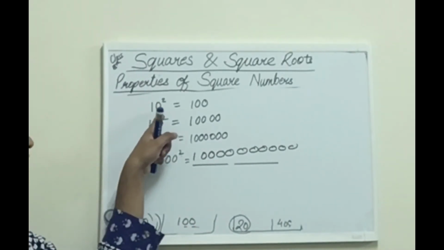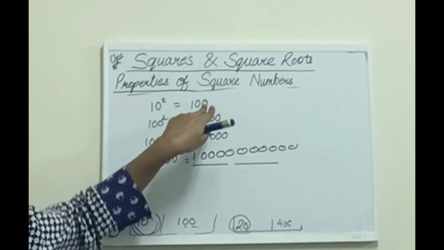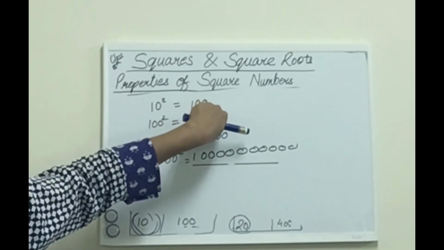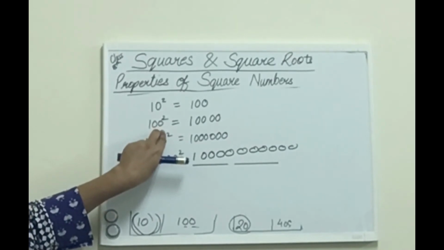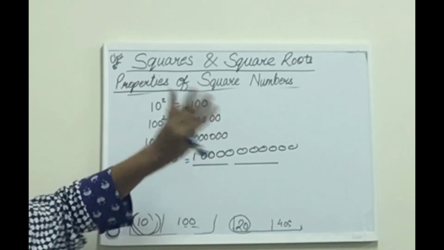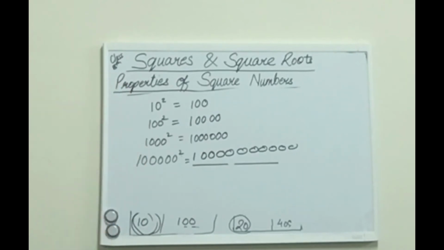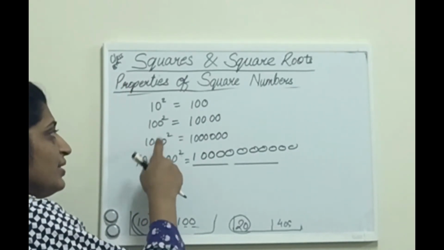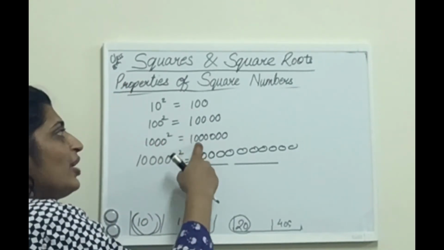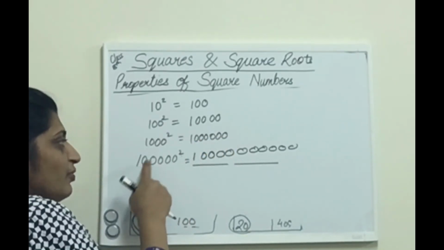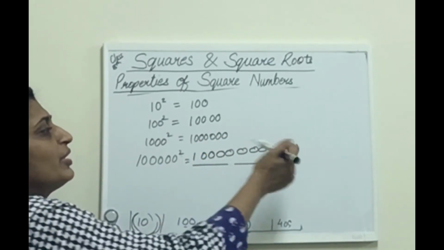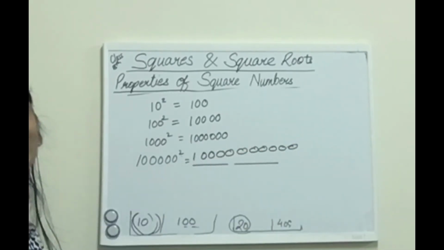See, if there is 1 zero, the square has 2 zeros. If there are 2 zeros, the square of the number has 4 zeros. Just double. If there are 3 zeros, the square of the number has 6. If there are 5 zeros, without solving you can say there are 10 zeros.